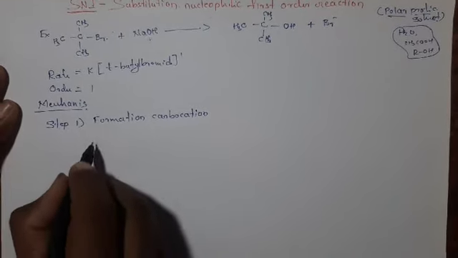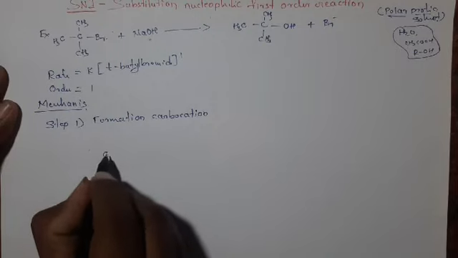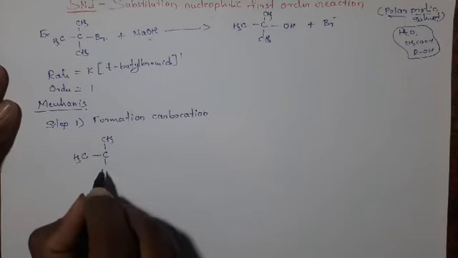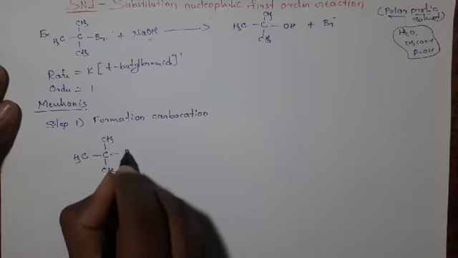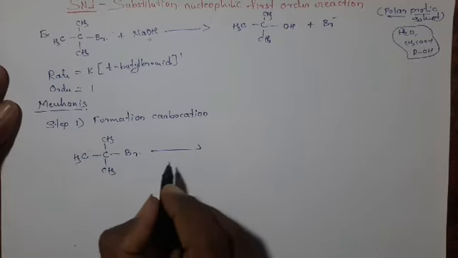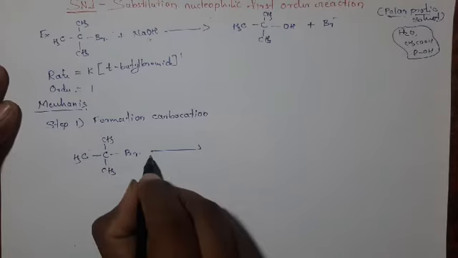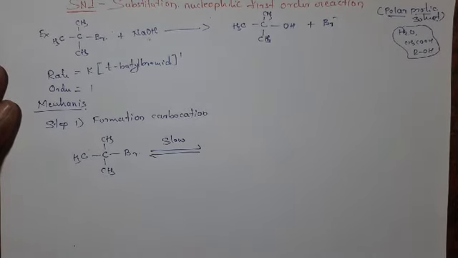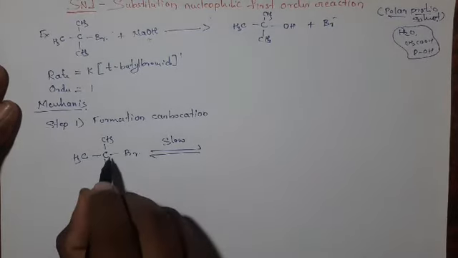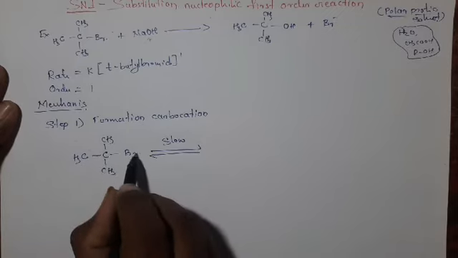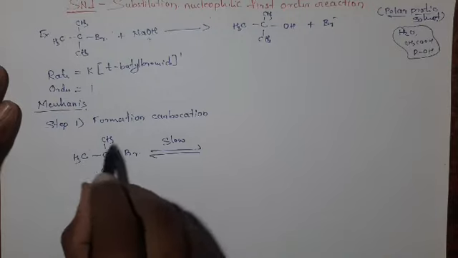Here, this is our tertiary butyl bromide. It undergoes ionization, and this ionization step is the slow step, and it is a reversible step. Here the carbon and bromine bond undergoes heterolytic bond cleavage.